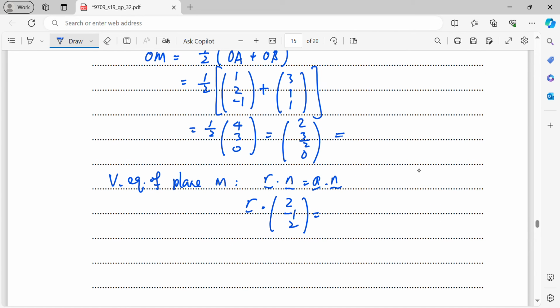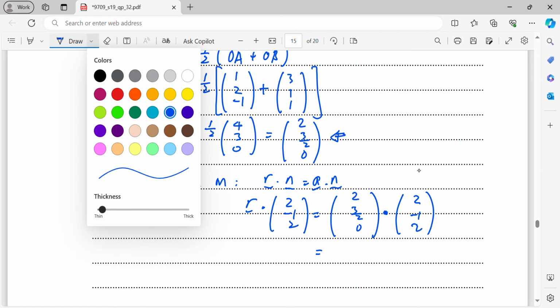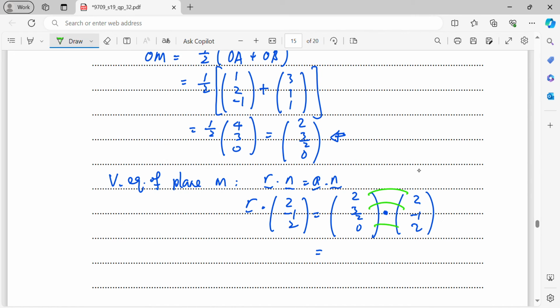So this is the point on the plane. So I will write 2, 3 over 2, 0, dots with 2, minus 1, 2. So for the dot product, you just multiply and plus the components, plus the multiplication. So obviously that is 4 minus 3 over 2. So then you will be getting 5 over 2.